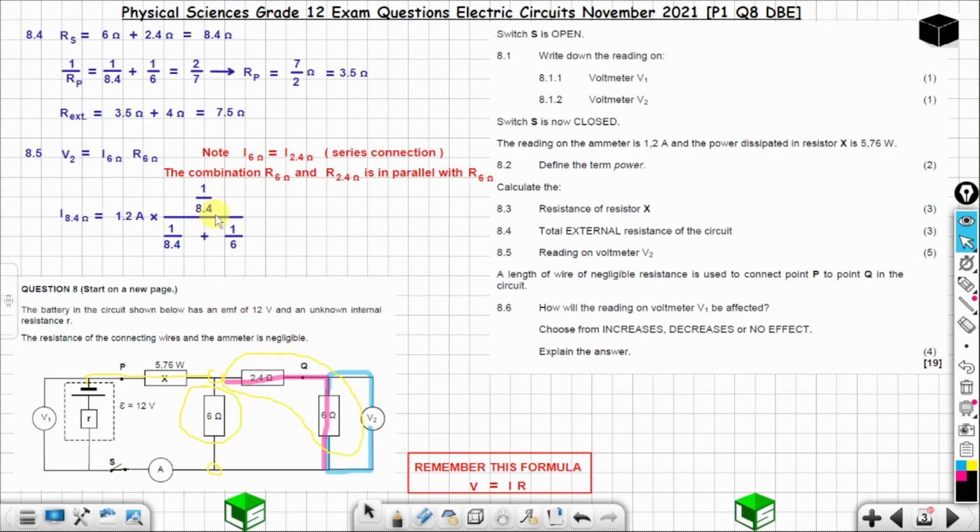If you don't know how to use the current division rule formula, please check the link in the video description about the current division rule formula.